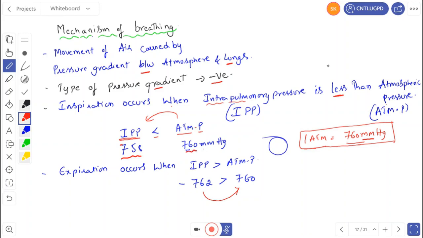The pressure in the lungs is less, so air enters into the lungs. That is called inspiration. Expiration occurs when intrapulmonary pressure is greater than atmospheric pressure. If intrapulmonary pressure is 762 and atmospheric pressure is 760, air from the lungs enters into the atmosphere. This is inspiration and expiration.